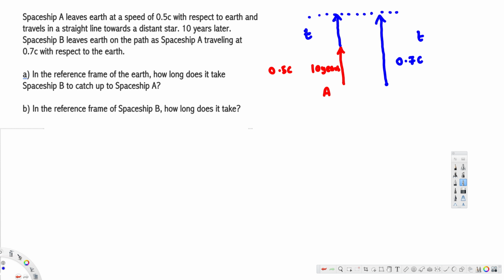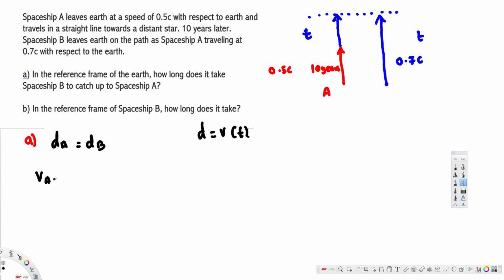To find that time, we are going to equate the distance, because we know that when they meet each other the distance is going to be equal. So from that we can create the equation. dA is equal to dB, and we know that distance is equal to speed times time. Let's call the speed of A VA.